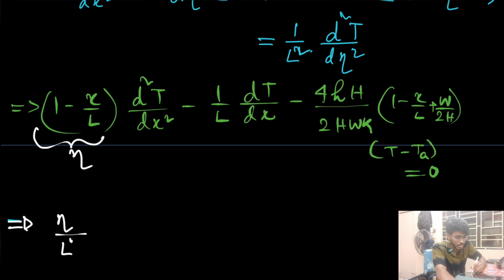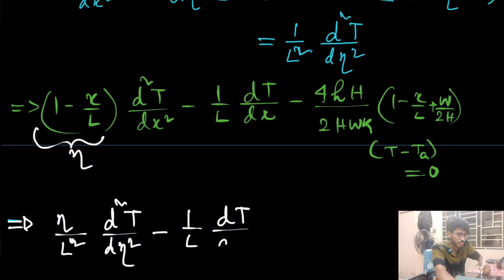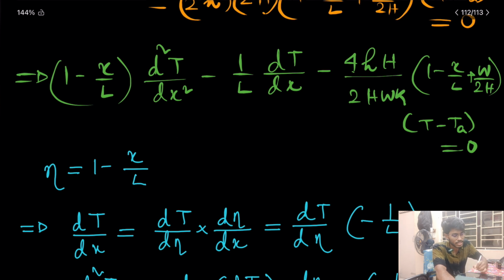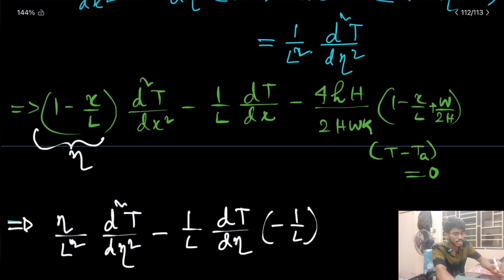And this will be eta by L square d2t by d eta 2 minus 1 by L. Now this will be dt d eta into minus 1 by L, right? Why? Because this is minus x by L, so you can consider it as x by minus L. So whatever you are having in your denominator, you have to put that in the multiplied fashion with that variable, right? These small concepts will save your time actually.